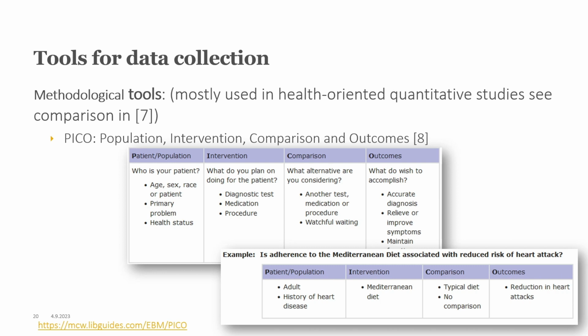For instance, in this type of studies, they are analyzing only adults connected with a heart disease, and the intervention is a Mediterranean diet. And the comparison, there's a comparison with their typical diet, and the outcome is the reduction of heart attacks.